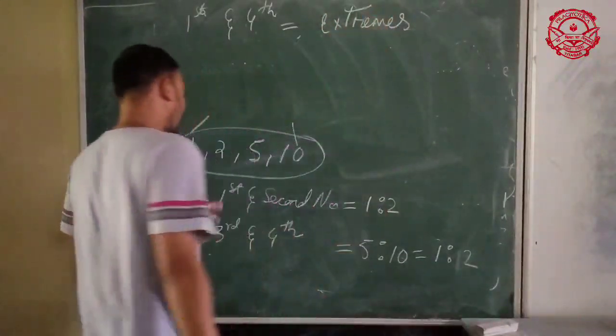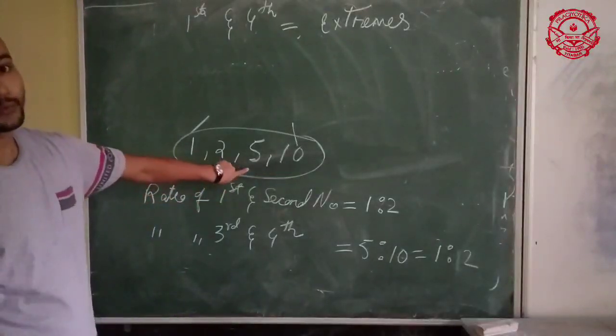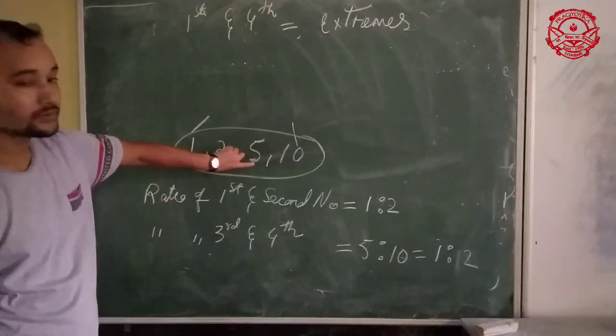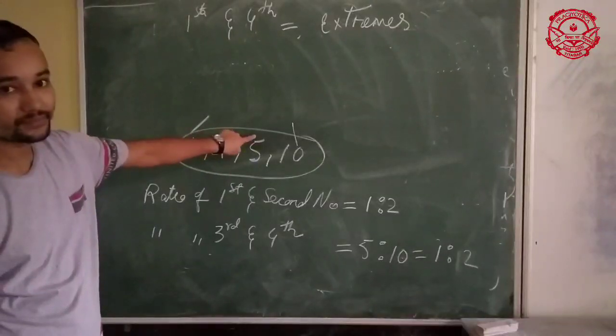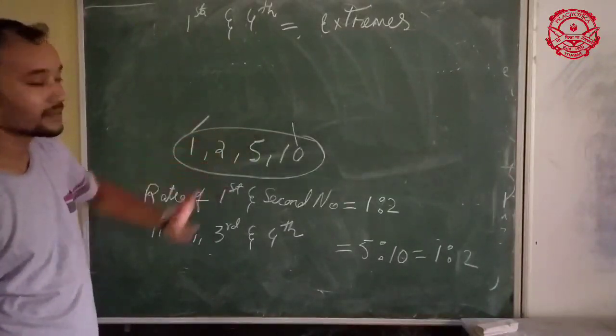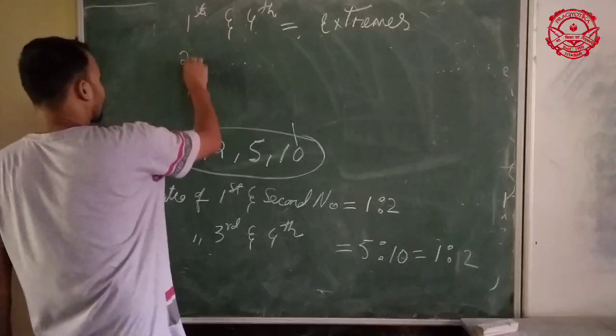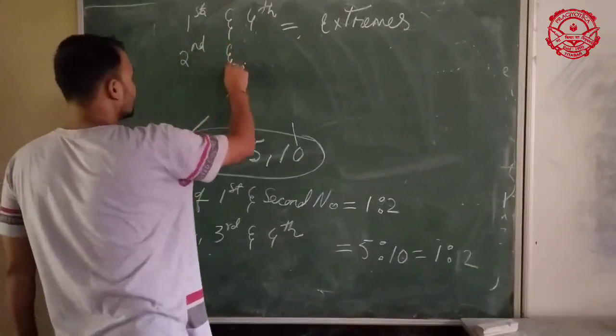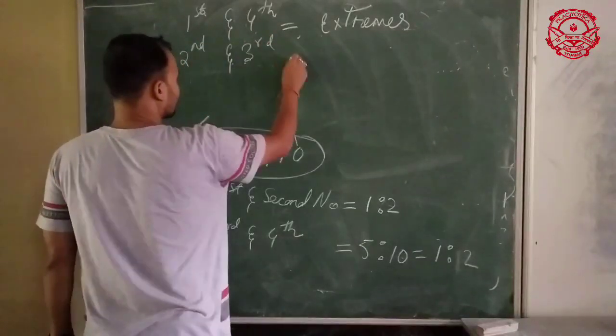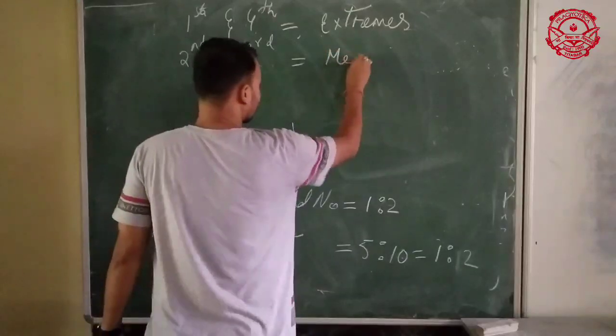And the middle two, the second and third, are termed as means.